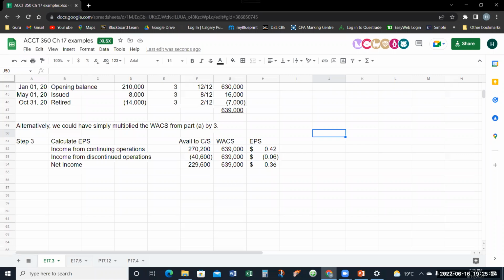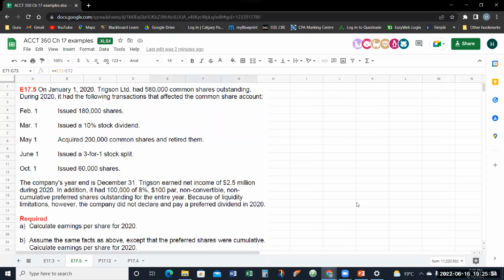Now, of course, if the stock split or stock dividend had happened during the year, it would already have been included in the weighted average calculation. And that example is exercise 17.5. Does anybody have any questions before I move on to 17.5?